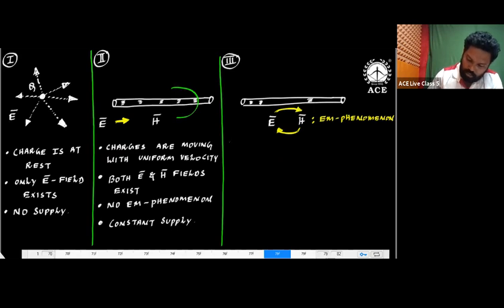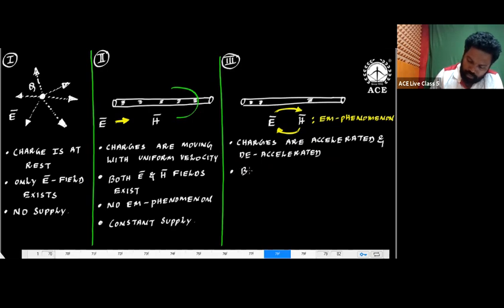So how are the charges here? Charges are accelerated and deaccelerated. What is this one, beta?